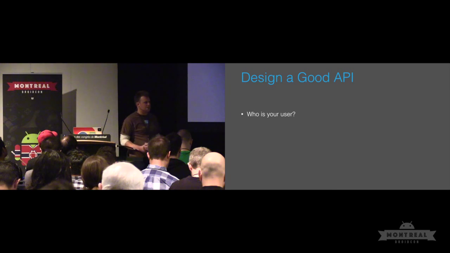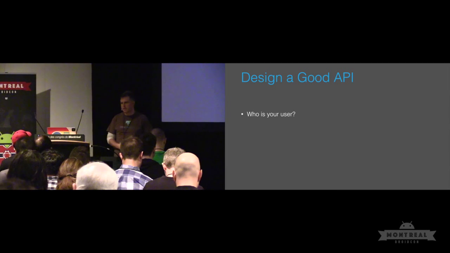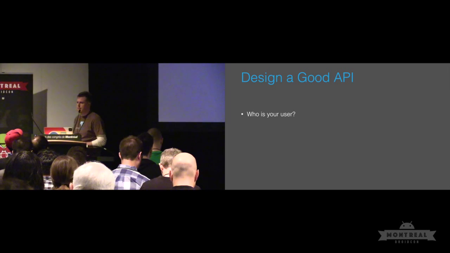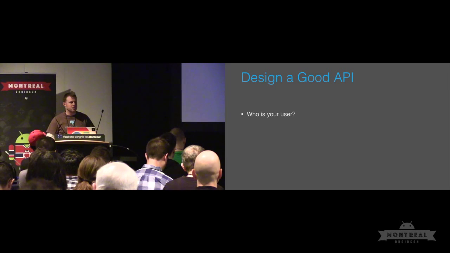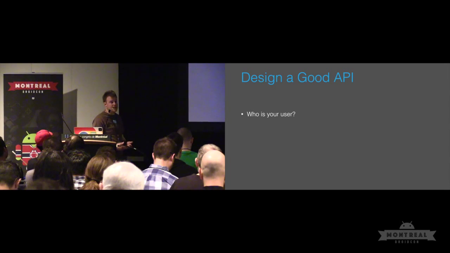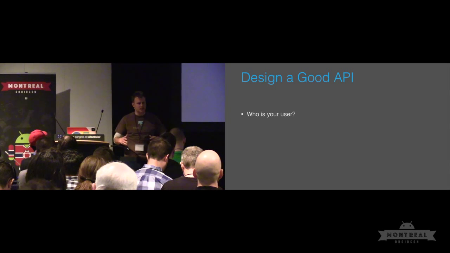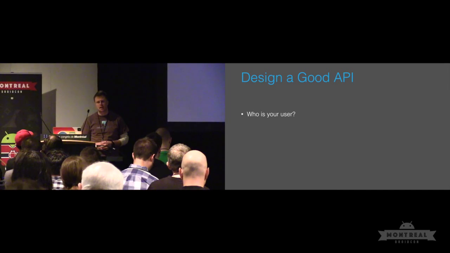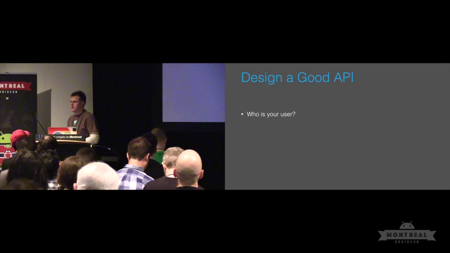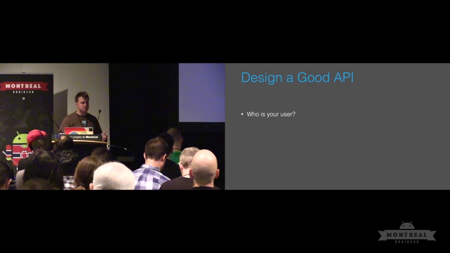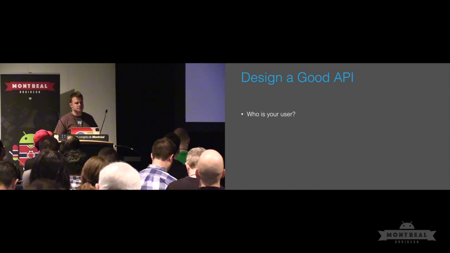When you develop an app, a lot of times you start out by thinking about the UX of the app. That's the API of the app, okay? How are the users going to interact with it and use this tool or game or whatever it might be that you're creating? Well, with libraries, the API is your UX. So you need to think about how your users, who are developers in this case, are going to be interacting with this.